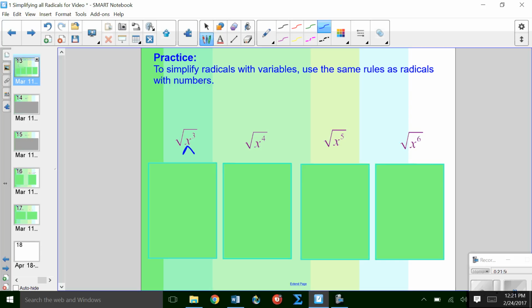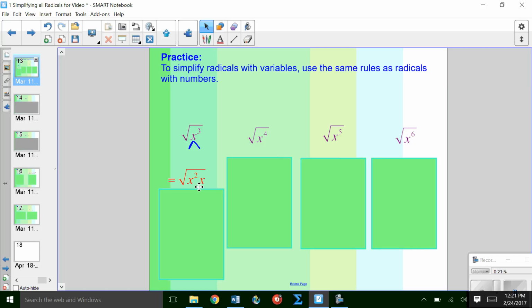So what we're going to look to do is break this down to, instead of x cubed, rewriting it as x squared times x to the first. X squared times x to the first, if you remember your multiplying variable rules, just recombines to be an x cubed. You add the exponents when you're multiplying variable bases. So we can break this apart to an x squared times x to the first.